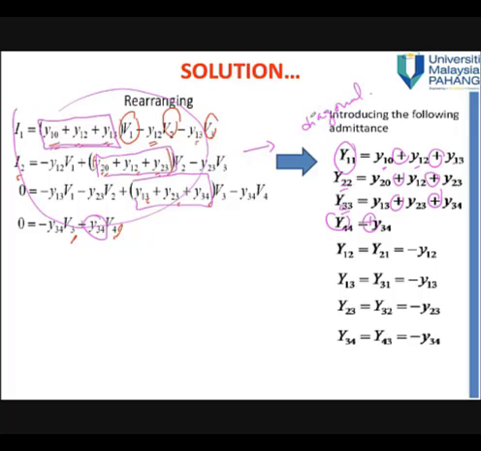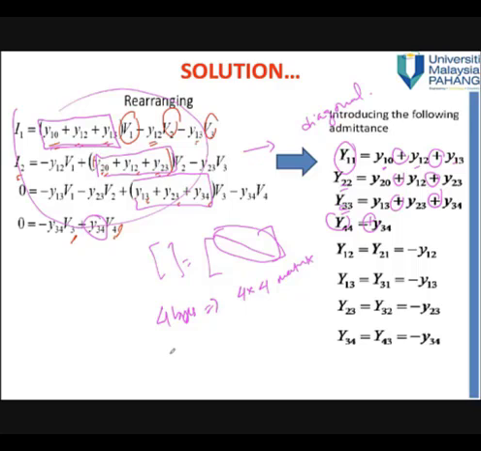But for Y12, this one we call diagonal. Apa maksud diagonal? Diagonal ni kalau matrix, you ada matrix 4x4. Yang ni diagonal. Satu line ni, diagonal. Yang lain tu kita panggil off diagonal. Why 4x4? Because we have 4 bus. The rule of thumb here is because you have 4 bus, you will have a 4x4 matrix.